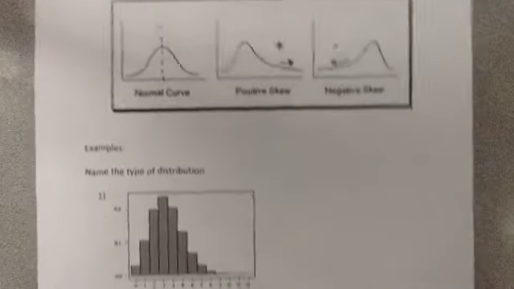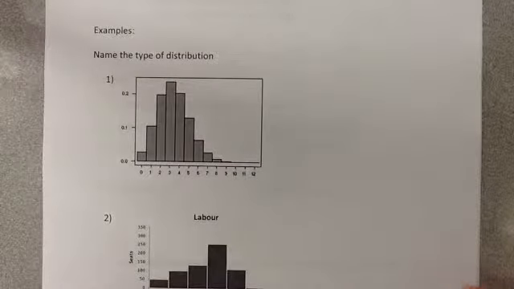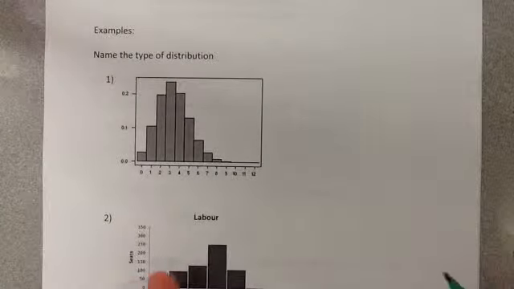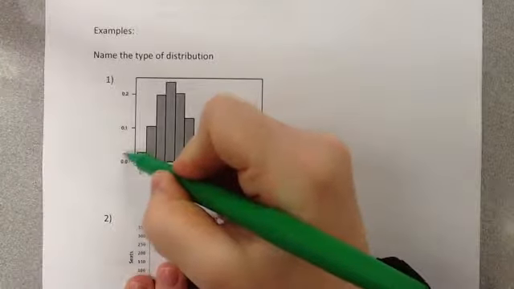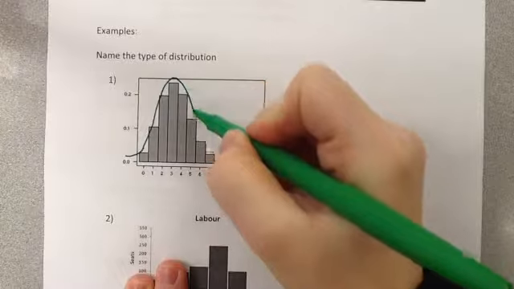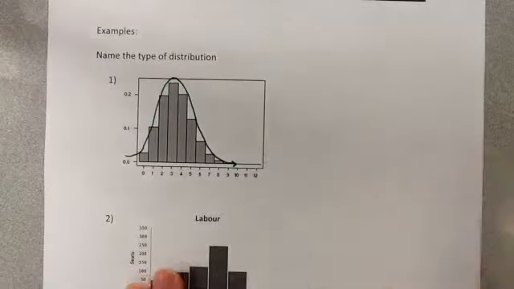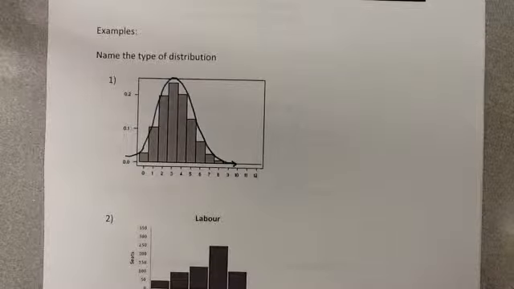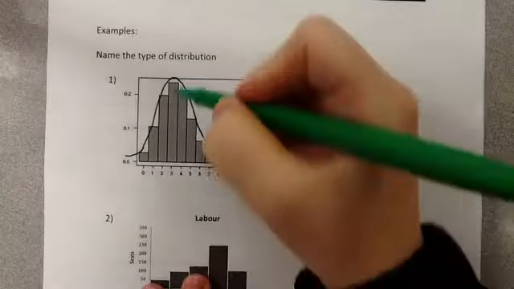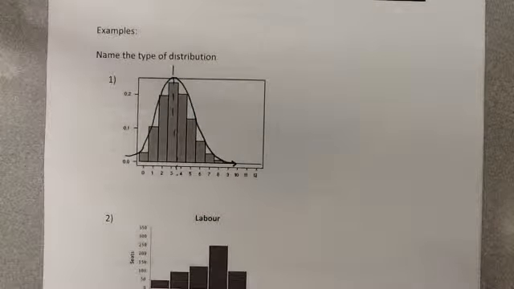So given that information, looking at these graphs, we have to determine what type of distribution it is. So I want you to imagine if you had a curve right over this. What type of distribution would this be? If I were to fold it in half, is it really going to line up?